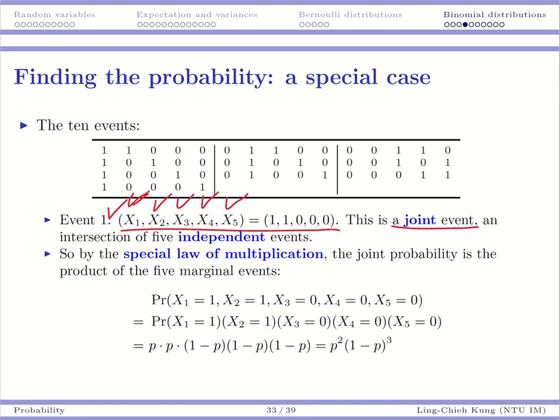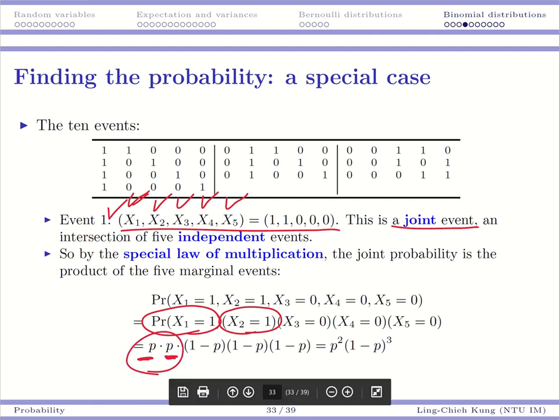So we need each of them to happen, and they need to happen all together. So if the first thing happens with probability P, and the second thing happens with probability P, then for both things to happen, the probability is P squared.